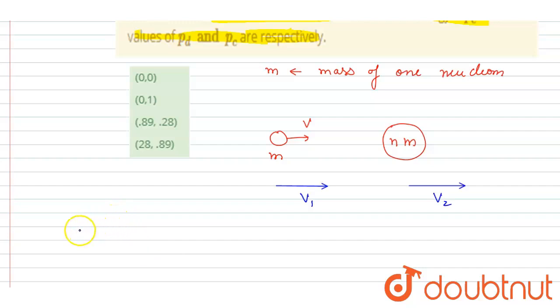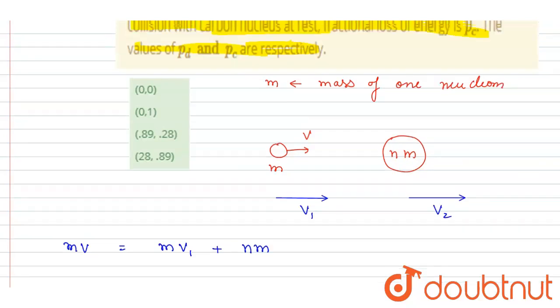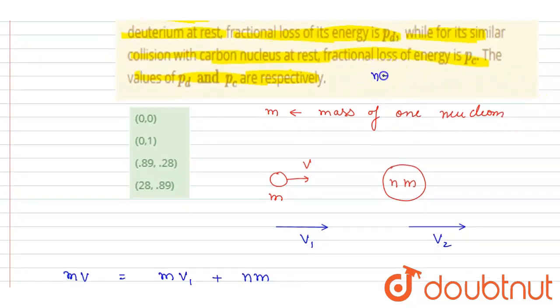So from momentum conservation we can see the initial momentum was mv and the final momentum was m v1 plus n m v2. We'll calculate the fractional loss in terms of the number of nucleons, because for deuteron the number of nucleons will be 2, and for carbon nucleus the number of nucleons will be 12.